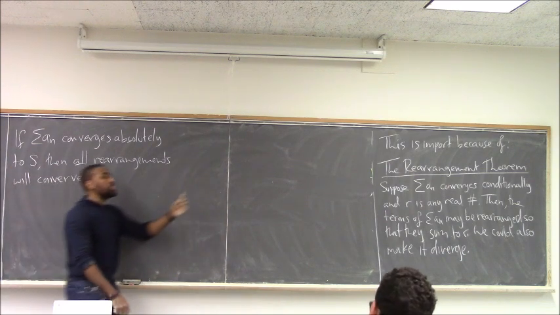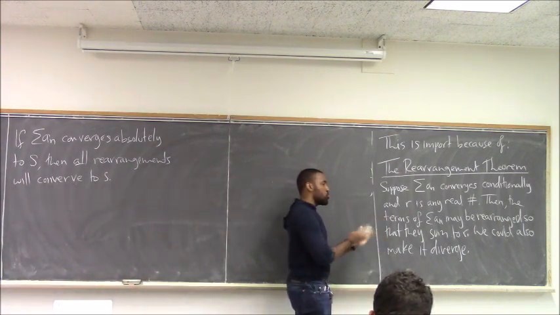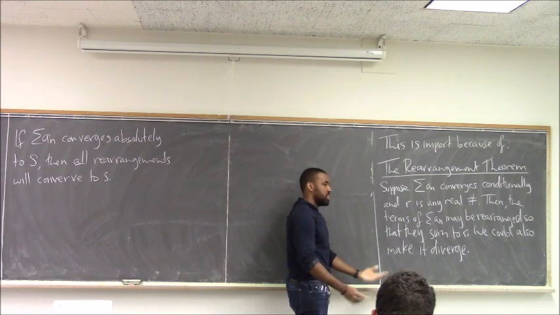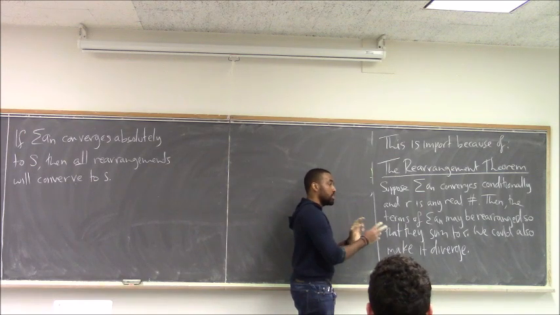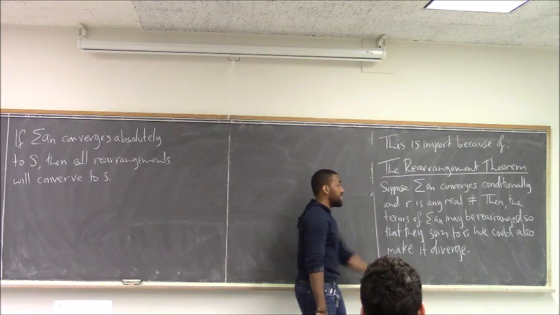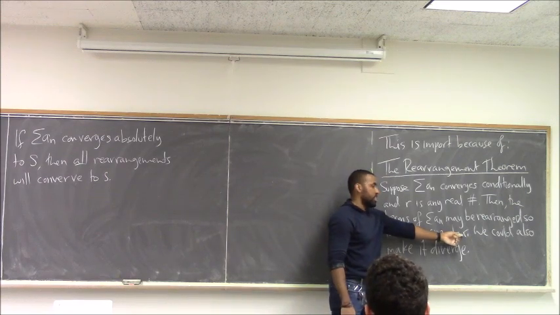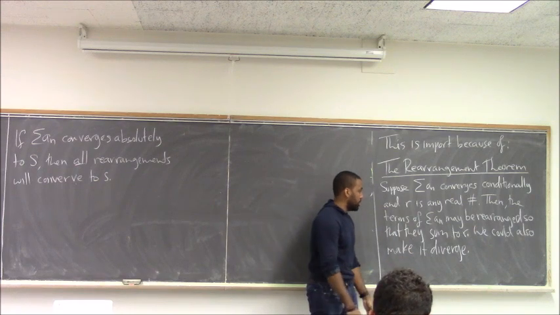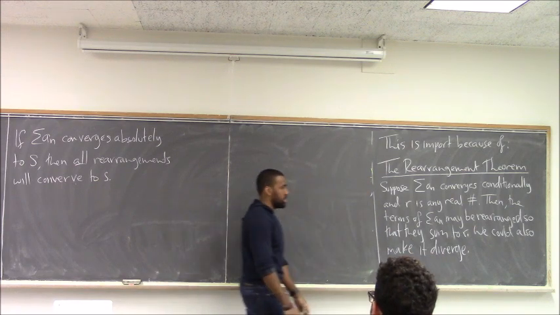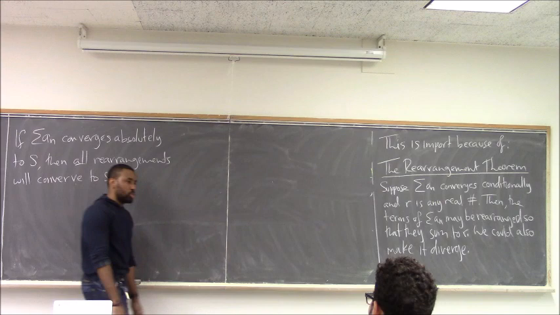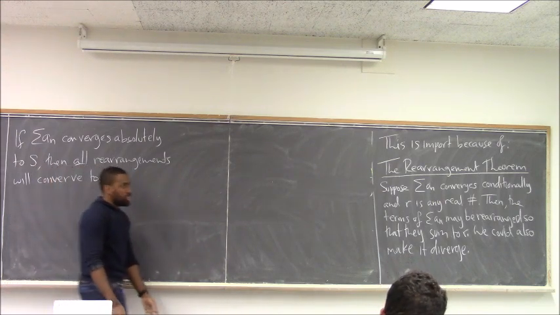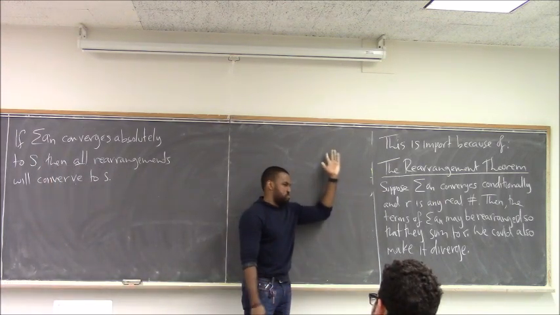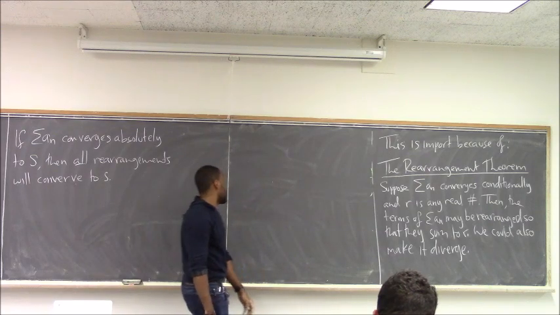If you have a conditionally convergent infinite sum, you can rearrange how you're adding things and get a different answer. You can even rearrange it in such a tricky way, you can get any answer on the real line that you want. You could also rearrange the terms so that it doesn't converge all of a sudden. Right? You can get it to diverge to plus or minus infinity. You can get it to hop up and down between any two real numbers you want. Conditional convergence, you can rearrange order to get your sum to behave any way you want.